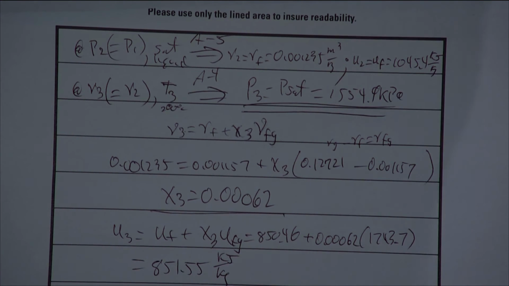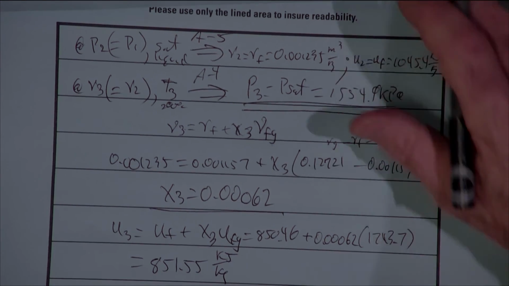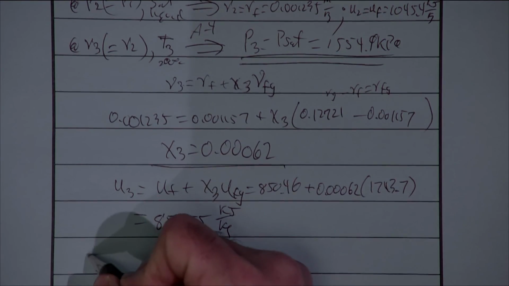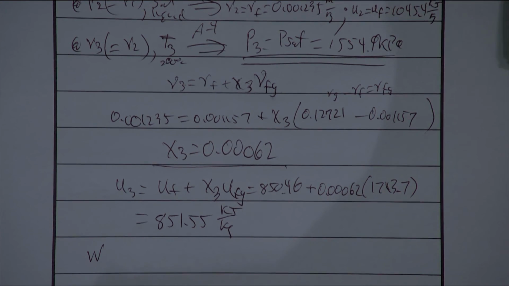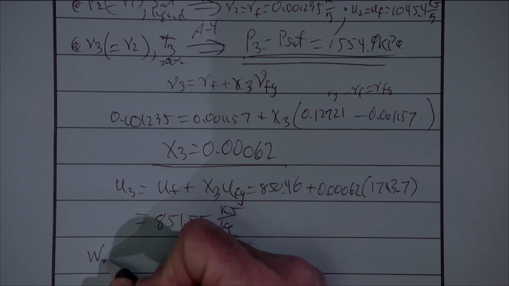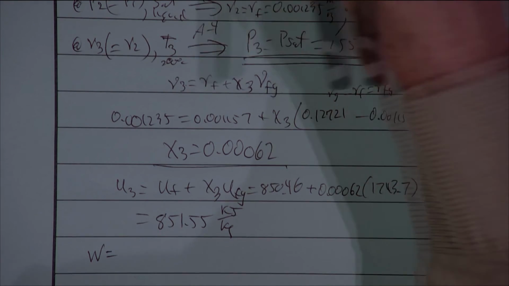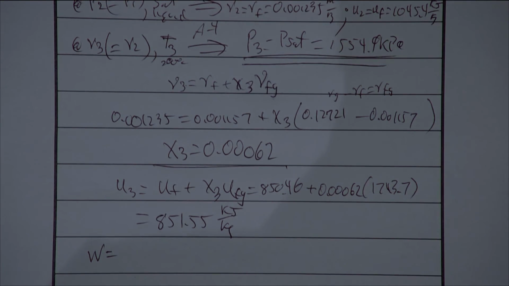All right, so not much left to do but to go through our various equations. Next, let's find the work. So the work for this particular problem is, let's see, we wrote it down before.